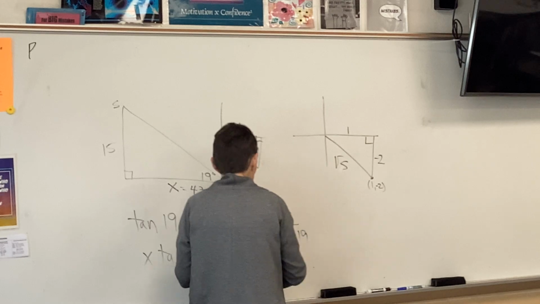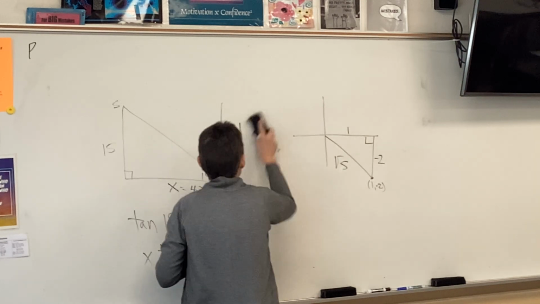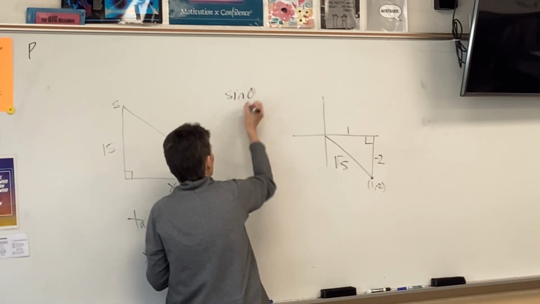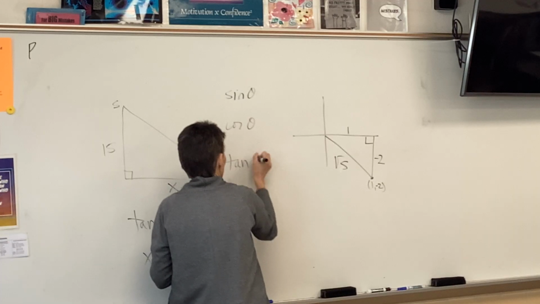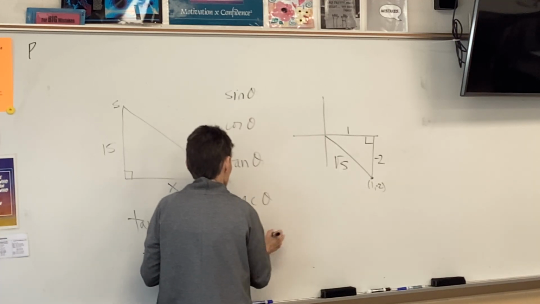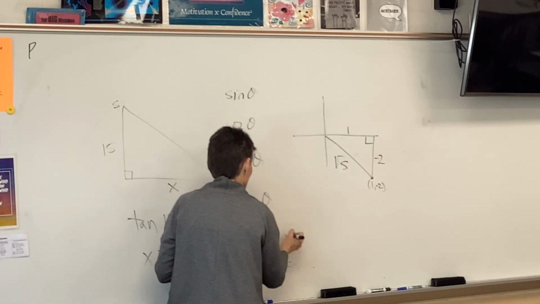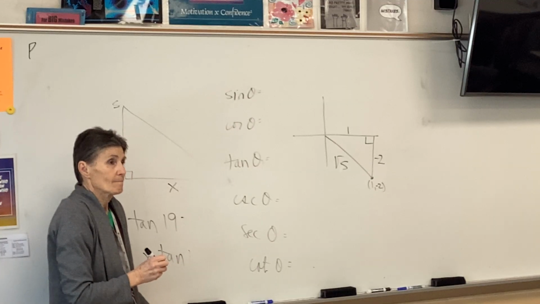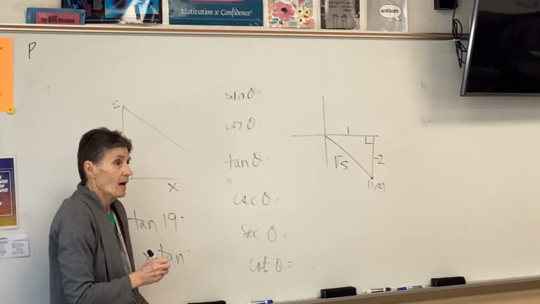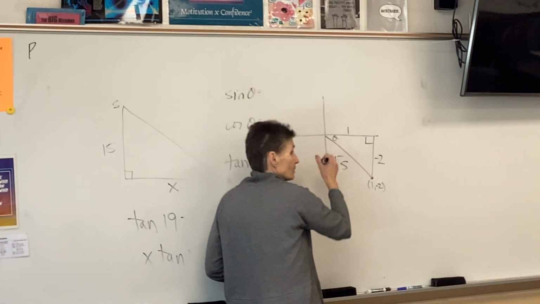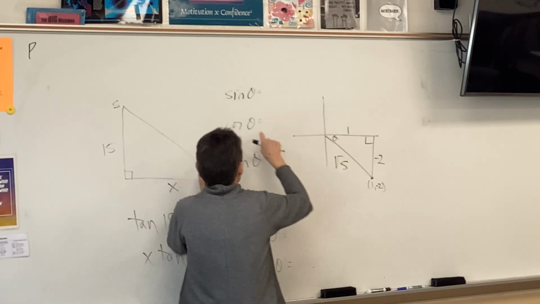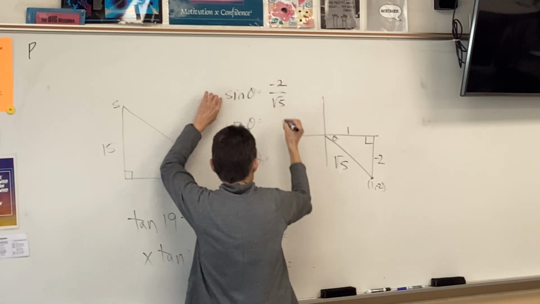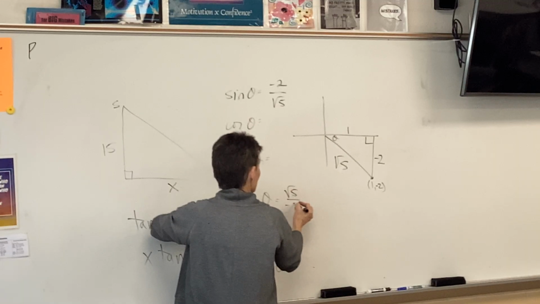I don't need to know the angle in order to find all of them. So I need sine, cosine, tangent, cosecant, secant, and cotangent. I don't need to know the angle, right? I don't need to know it because I have all my sides. So what's sine? -2 over √5, beautiful. Which means the cosecant is √5 over -2.